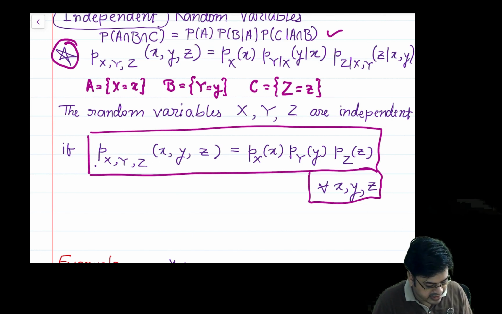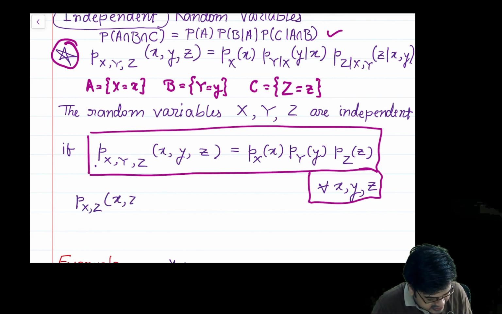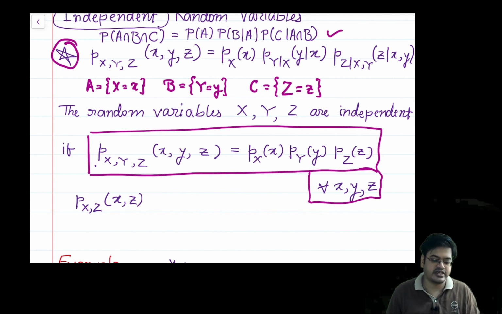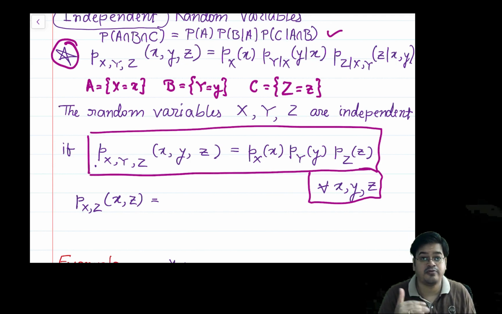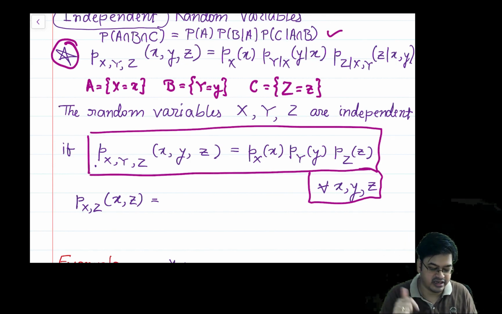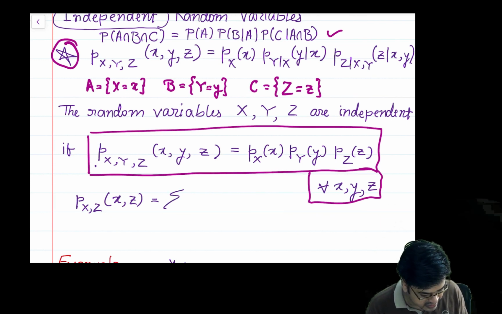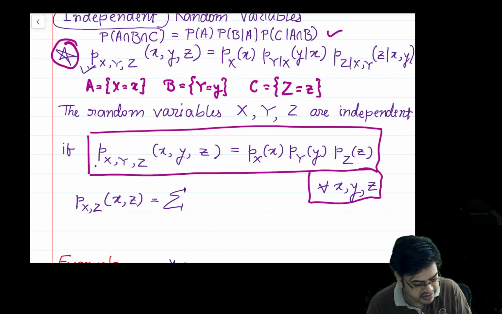Let us take two random variables X and Z. I will have their joint distribution as P XZ, and I want to check the independence of random variables X and Z. So what I will do, I have the law of marginal probabilities. I will introduce the notion of marginal probability, and I will write this in terms of joint using this multiplication rule that I have given you.